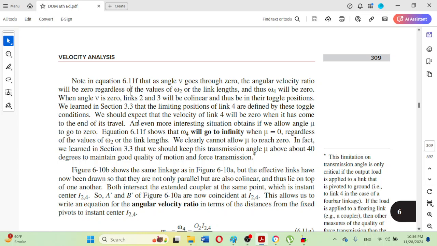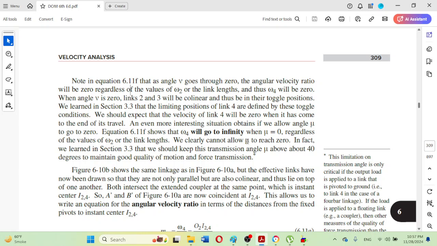Here it states that an even more interesting situation obtains if we allow angle mu to be 0. Equation 6.11 shows that omega 4 will go to infinity when mu is equal to 0, regardless of the value of omega 2 or the link lengths.